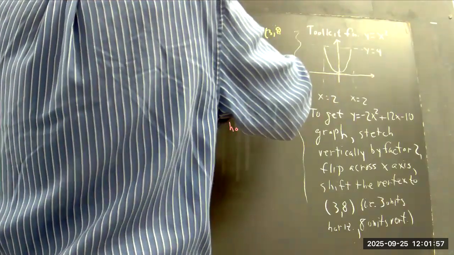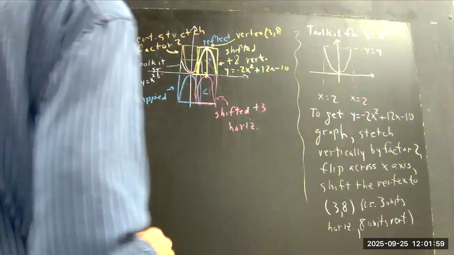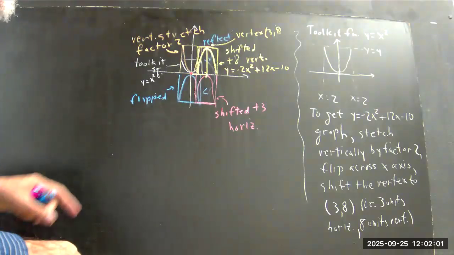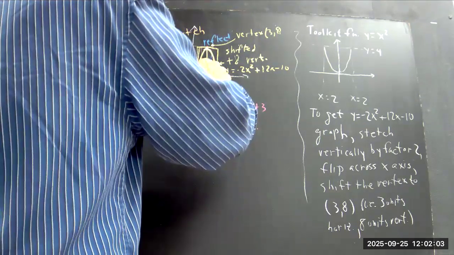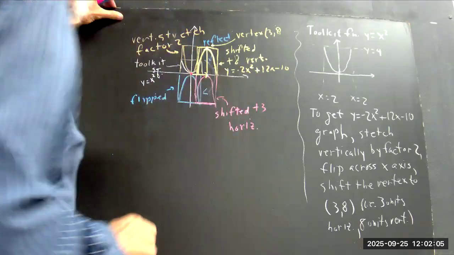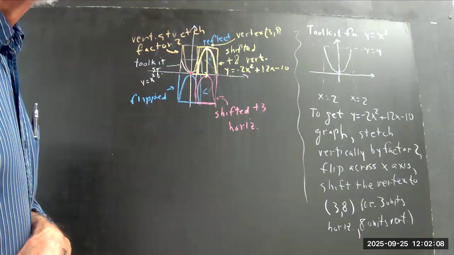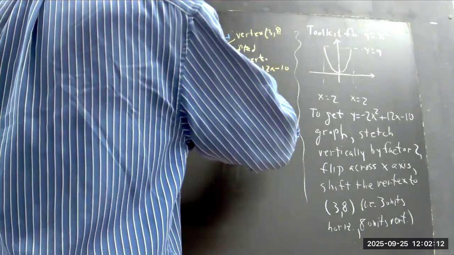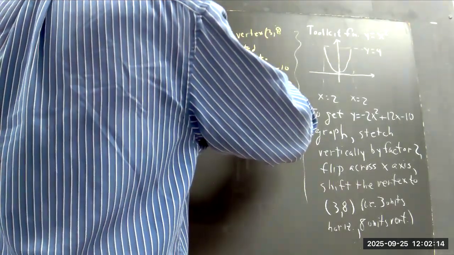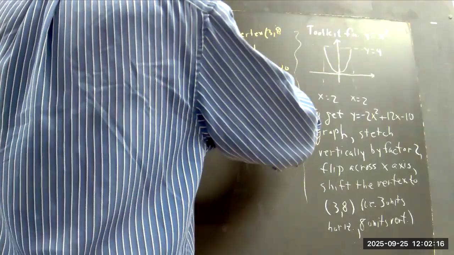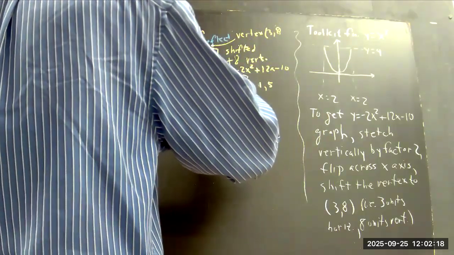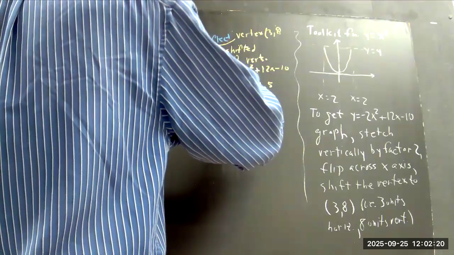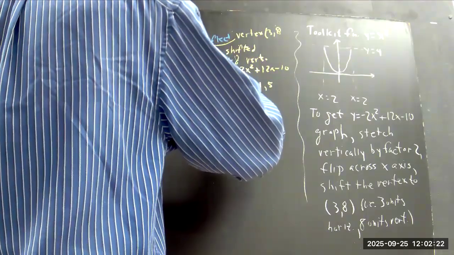The vertex is 3,8. And the x-intercepts here and here are -1 and 5. No, not -1. 1 and 5. There's an x-intercept.